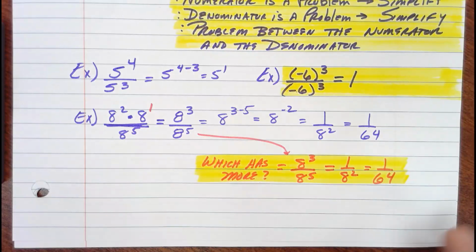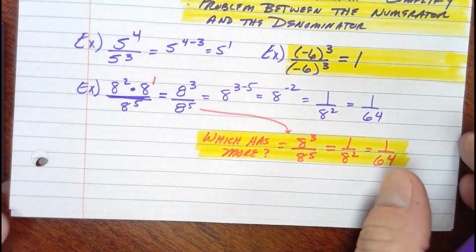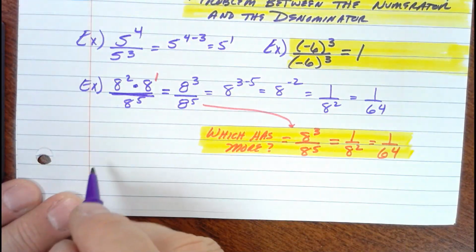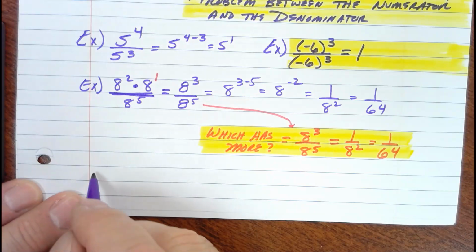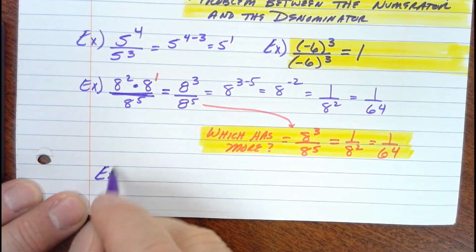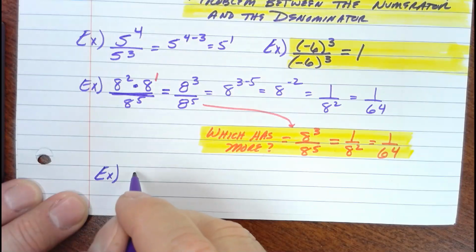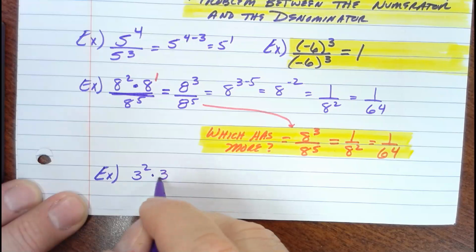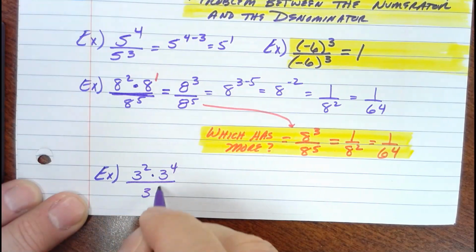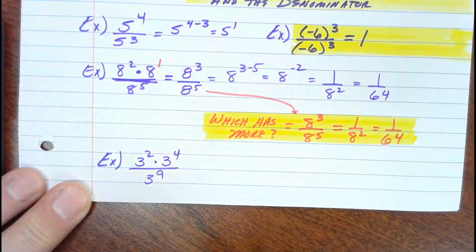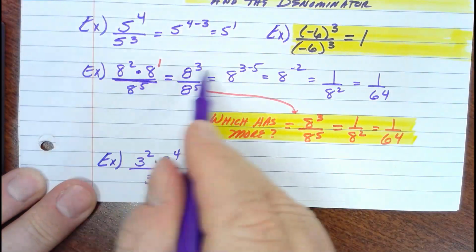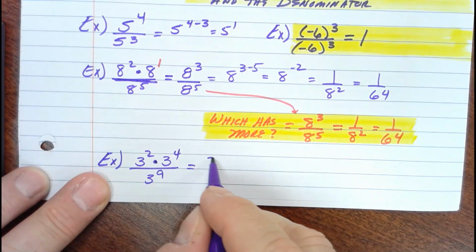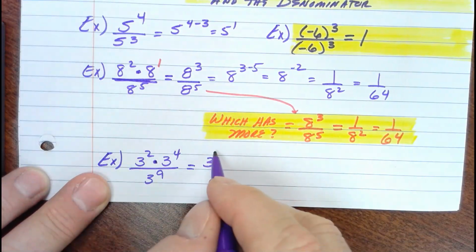So similar to that is the next example, which is 3 squared times 3 to the 4th over 3 to the 9th. And again, this numerator is not simplified. So the numerator has to be simplified before I can apply the property.